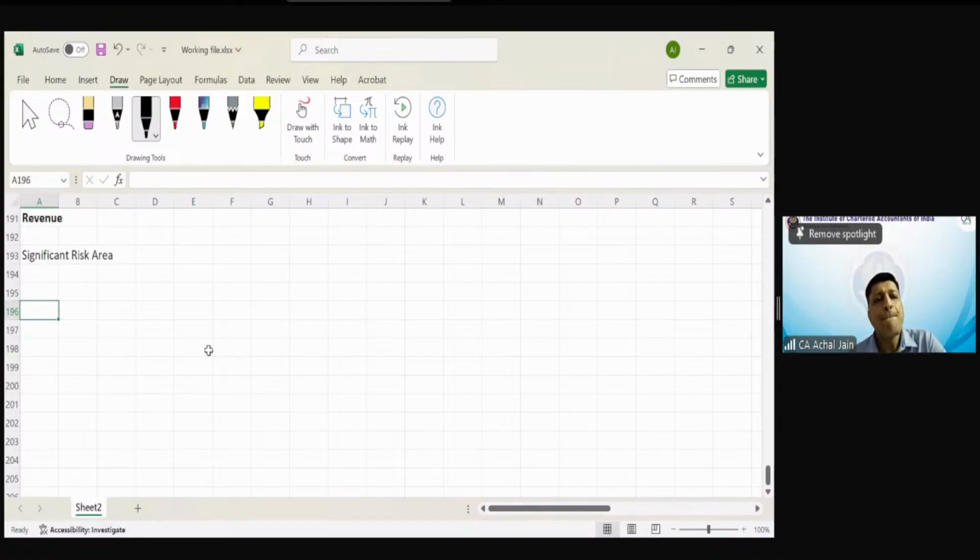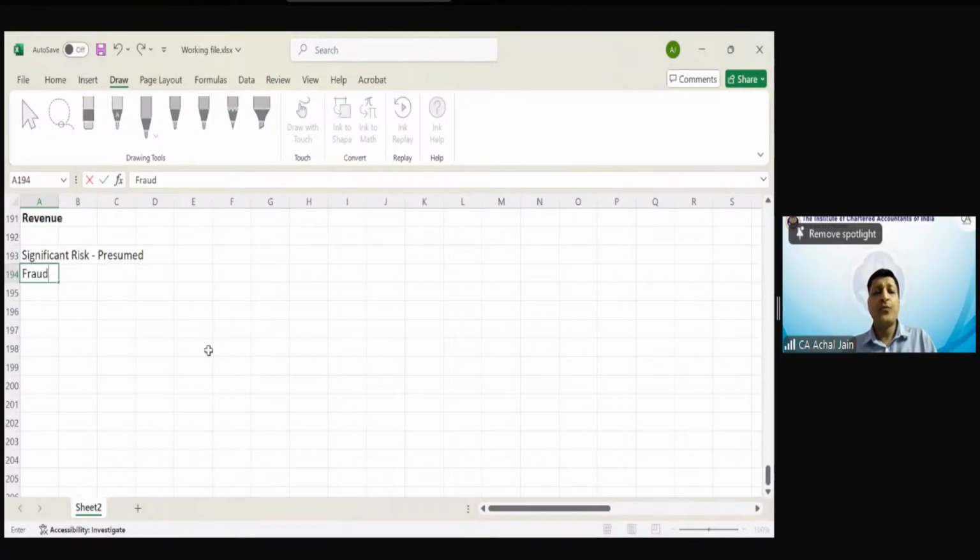But revenue is considered to be a presumed significant risk area. Means in case of revenue, significant risk is presumed. So in case of no entity can one say that revenue is not a significant risk area. Understood?